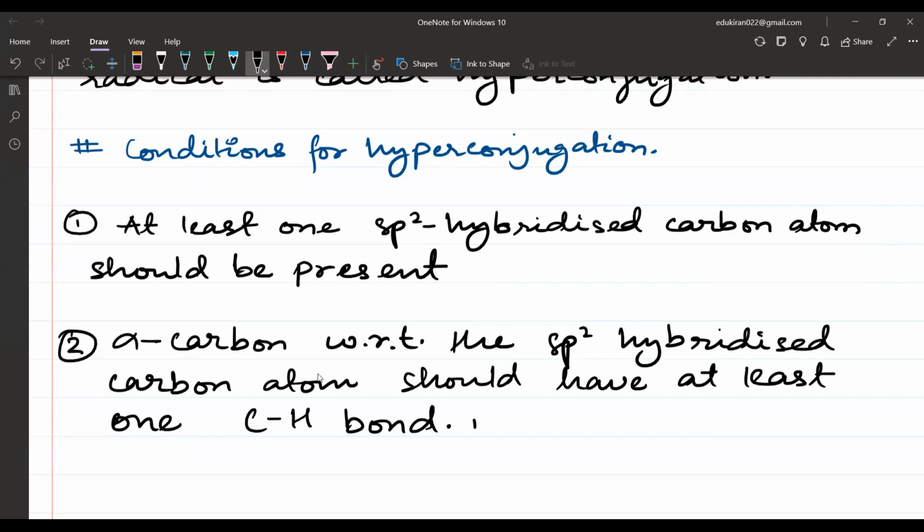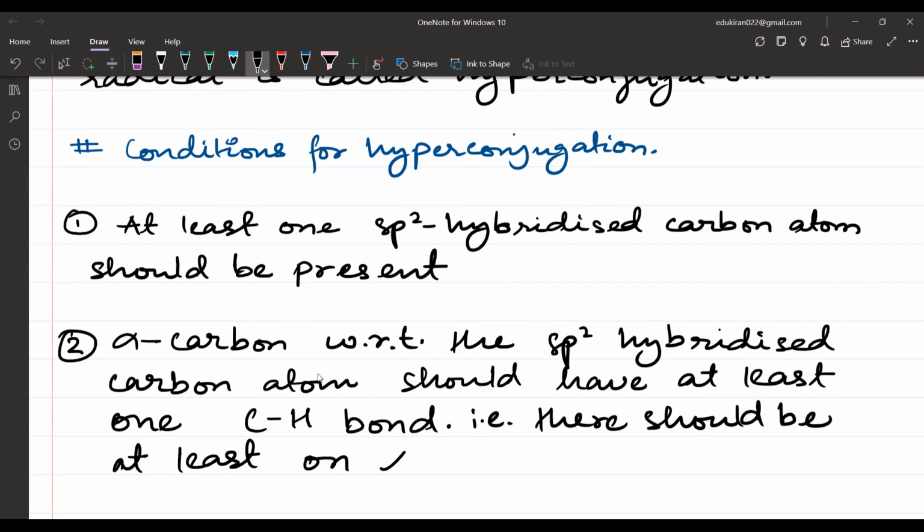That is, there should be at least one alpha hydrogen. Alpha का मतलब होता है adjacent. Okay, alpha means adjacent.